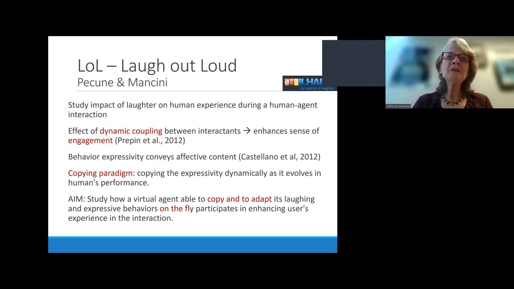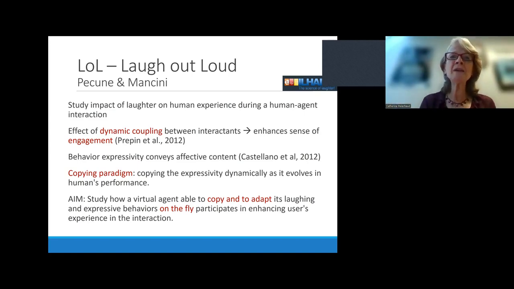So for this study, we rely on the copying paradigm. We aim to copy the behavior expressivity dynamically as it evolves in human performance. That means we extract the behavior expressivity of a human, and on the fly, frame by frame, we copy it onto the virtual agent.